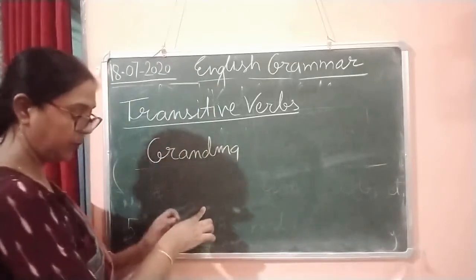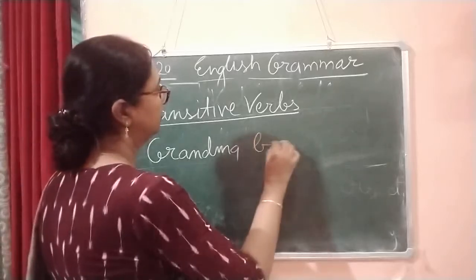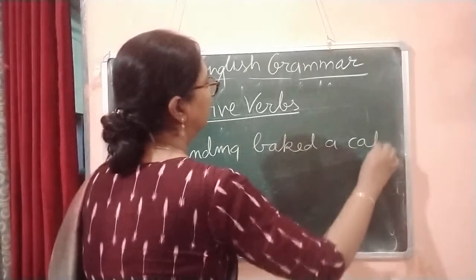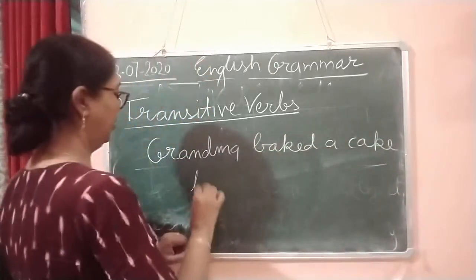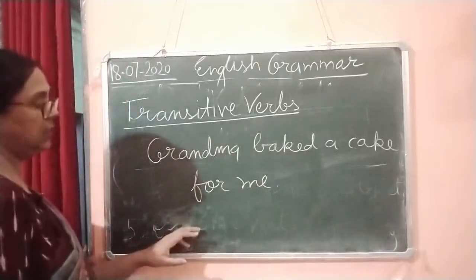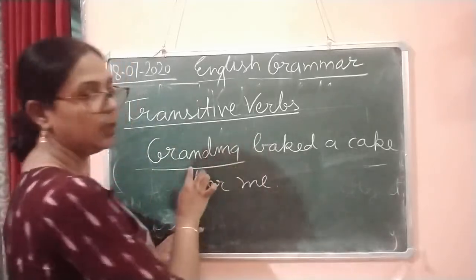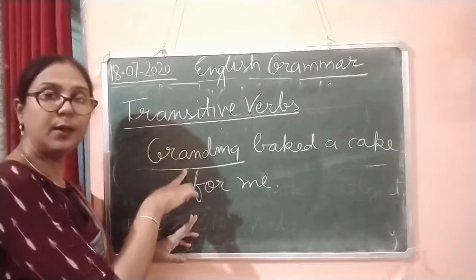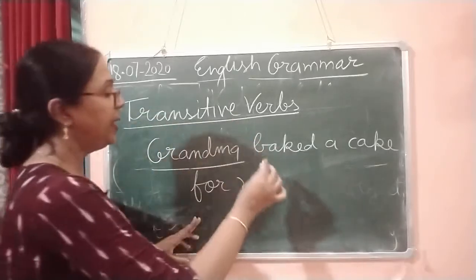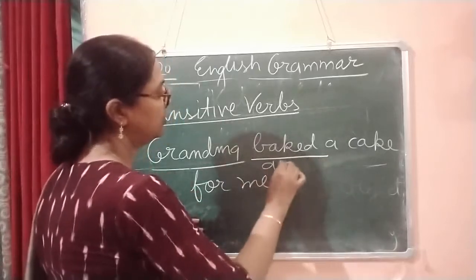Grandma baked a cake for me. Now here you can see grandma is the subject or doer. What did she do? Baked is the action.